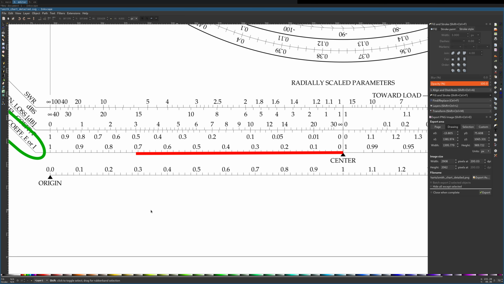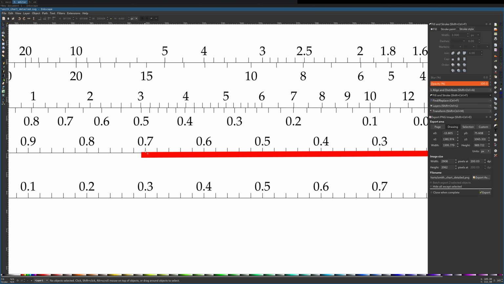And again, when you use a Smith chart, you would simply measure this using a ruler. And here it looks like the magnitude is a little higher than 0.7. I'll just say 0.71.